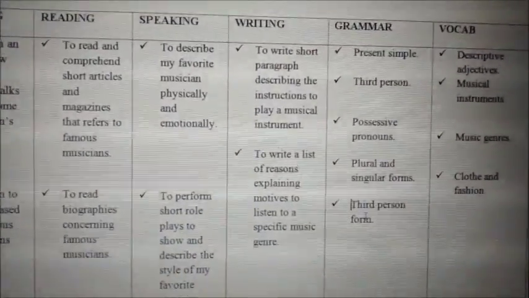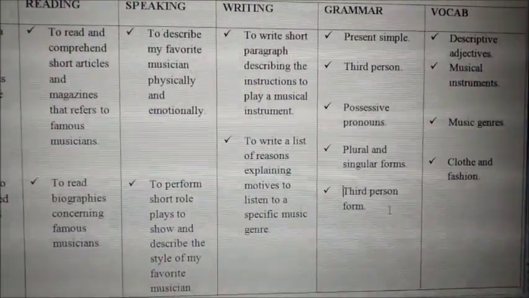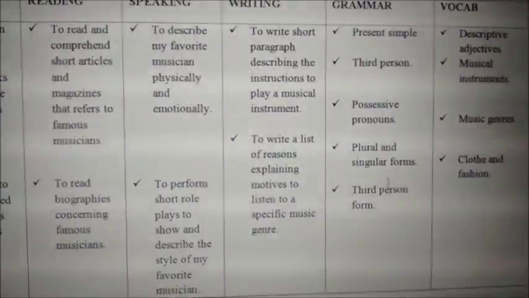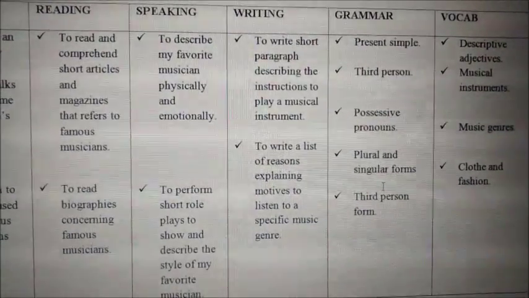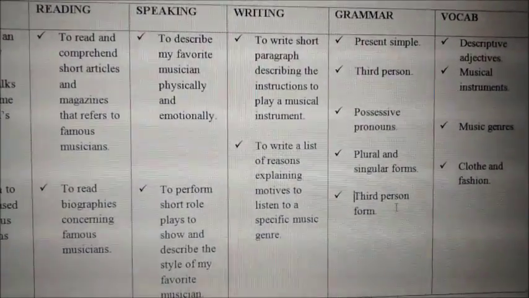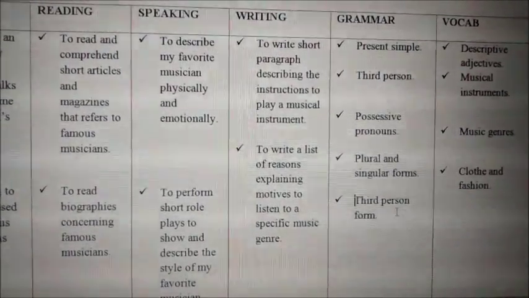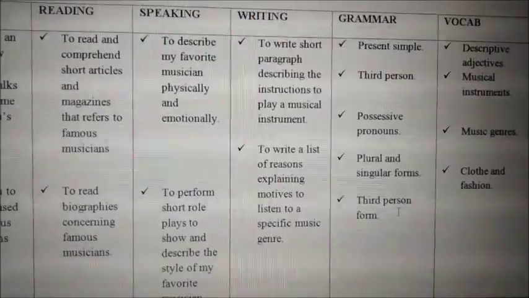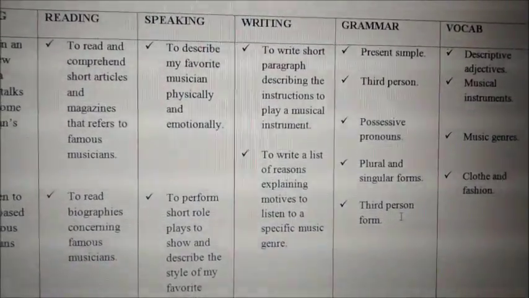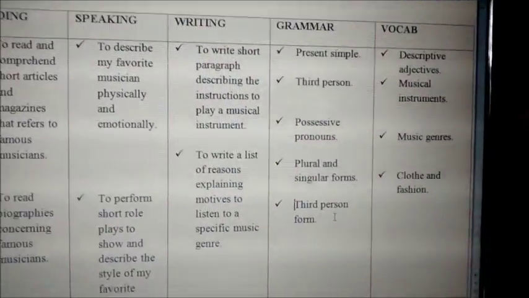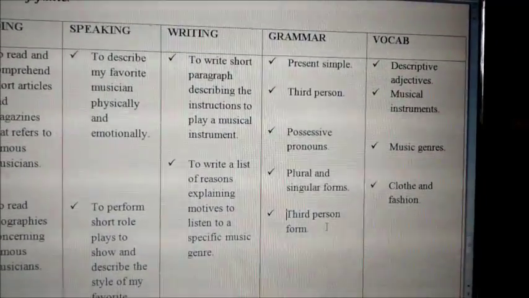In writing skill, to write short paragraphs describing the instructions to play musical instruments. And to write a list of reasons explaining what motivates to listen to a specific music genre. Also, we include the grammar part and the vocabulary.